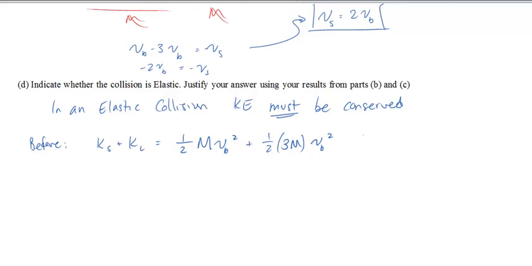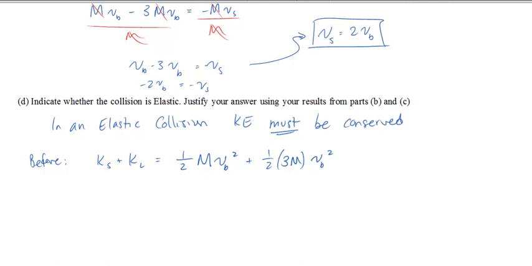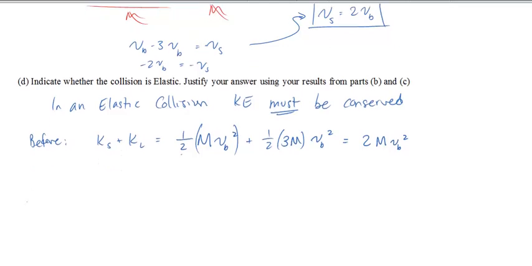Well, what we can do now is simply add those together. And when I put all this together, what you're going to get is 2m VB squared. Essentially we have m VB squared there, m VB squared there, 1/2 plus 3/2 is 2. But that's as far as I can go.